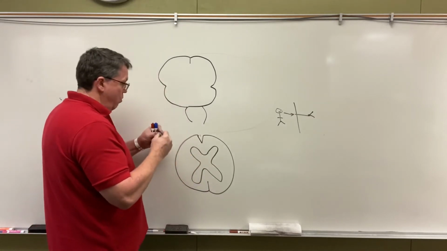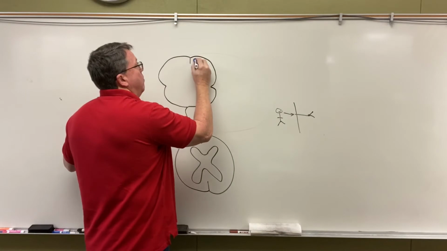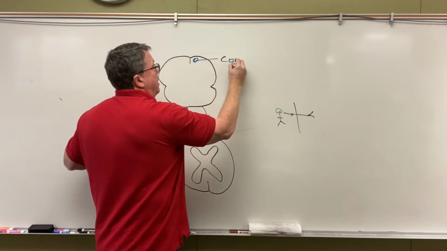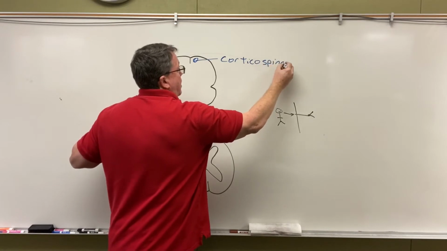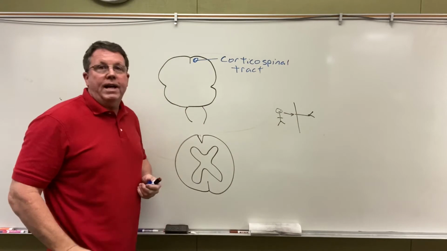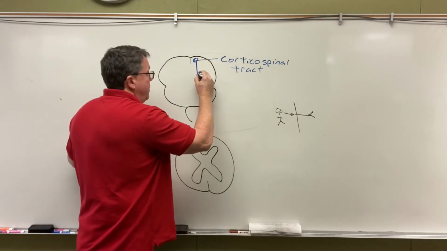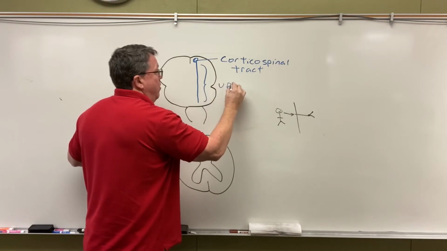So once again, my corticospinal tract is going to start up here. Now the corticospinal tract is going to come down, and when it's in here, this is an upper motor neuron.